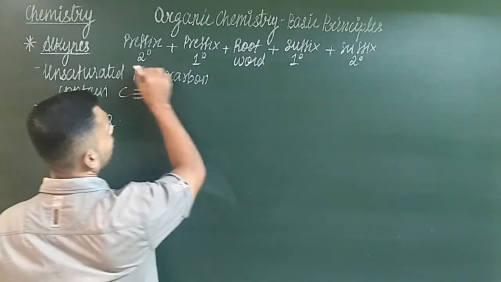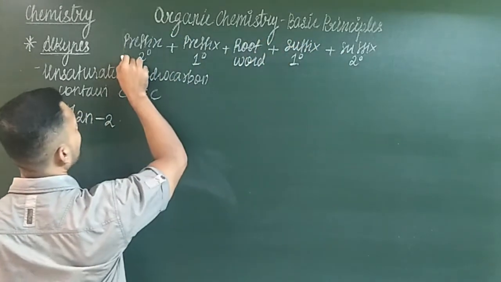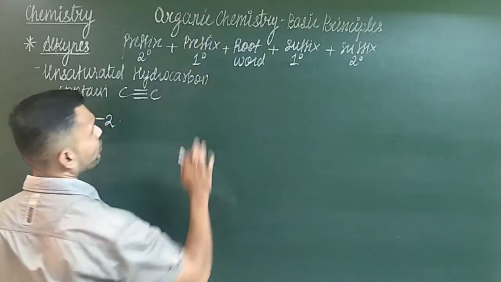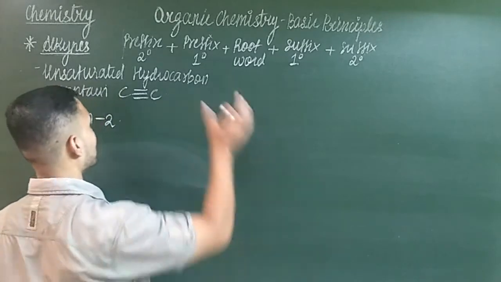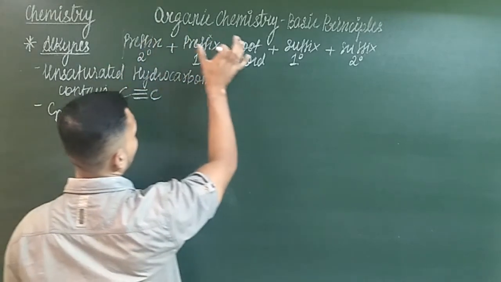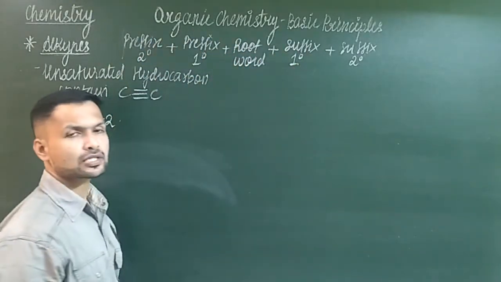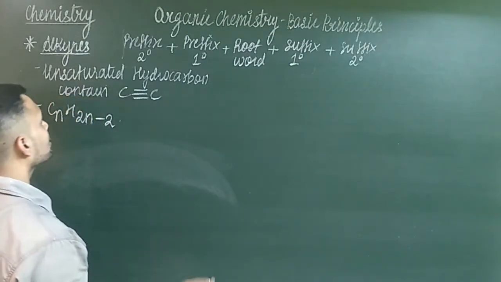Currently we will focus only up to this. The primary prefix is required only in the case of cyclo. Otherwise the branches, root word and alkyne suffix should be the pattern of naming the structures.